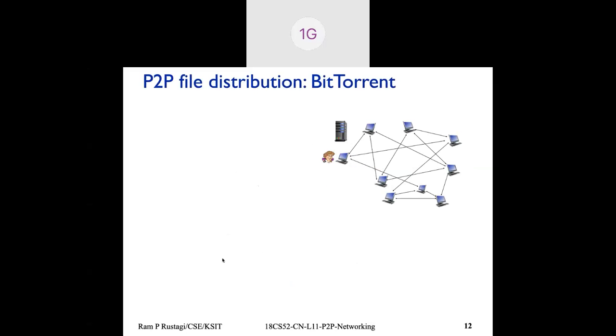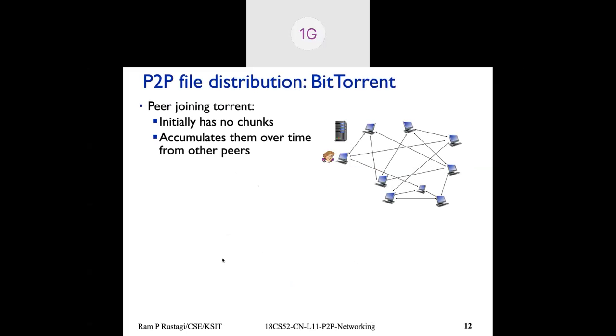We look at which chunk it has to obtain first. Initially Alice would have no chunks and is going to slowly accumulate chunks after communicating with the peers.